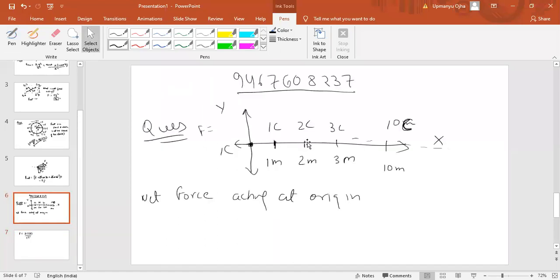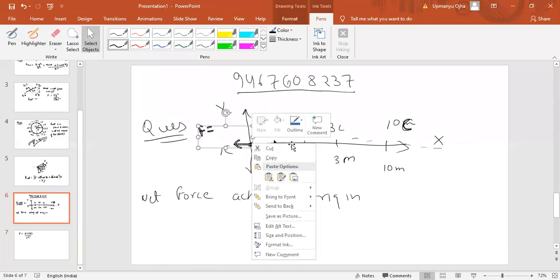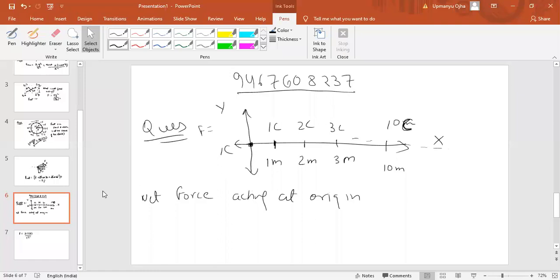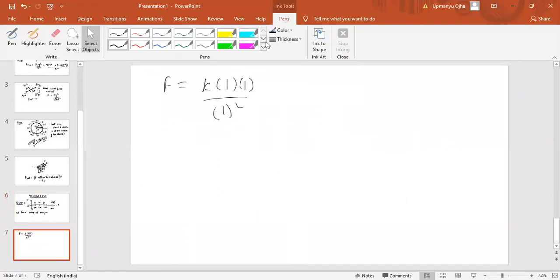Similarly, the force due to 2 coulomb charge on 1 coulomb charge will again be a repulsive force. And what is the magnitude of that force? The magnitude will be equal to plus k into 1 coulomb charge which is at the origin into 2 by 2 square.